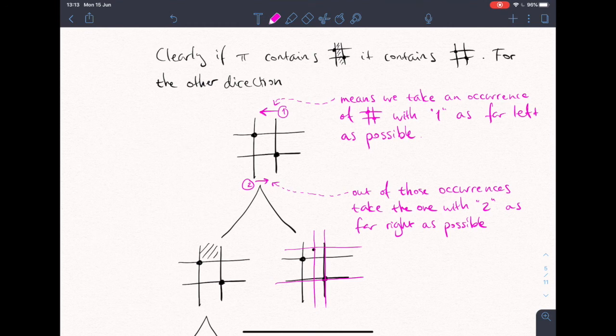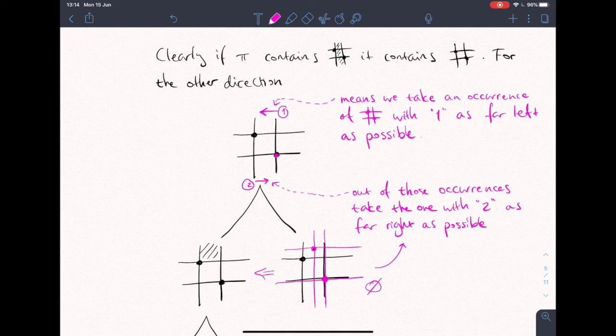You're still using the same point for 1 as in the original occurrence, but the point playing the role of 2 is now further to the right, violating this force condition here. So this can't happen. It means the branch here we're looking at is, you could say it's a contradiction, or there are no permutations that live on this branch. And so everything happens in this case.